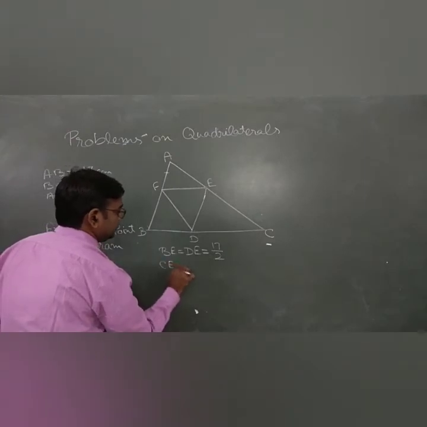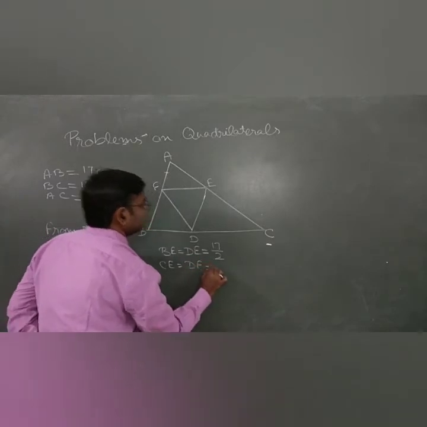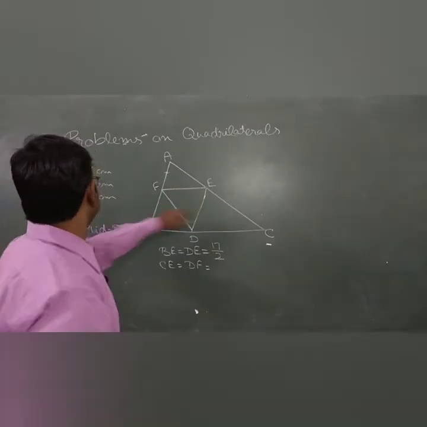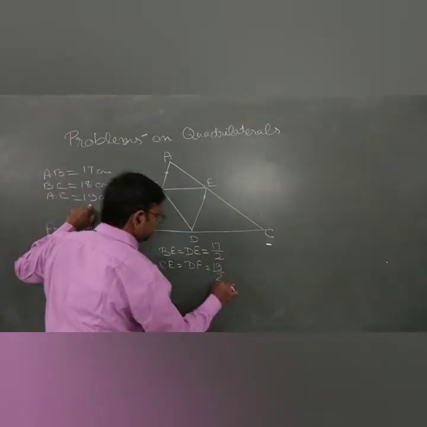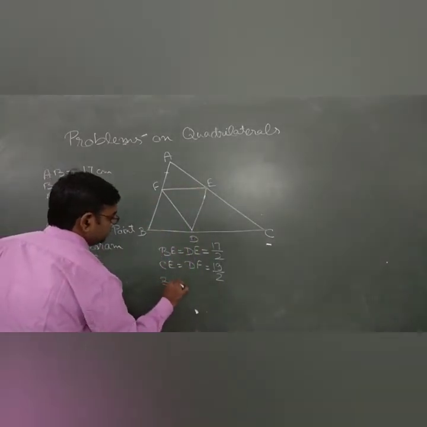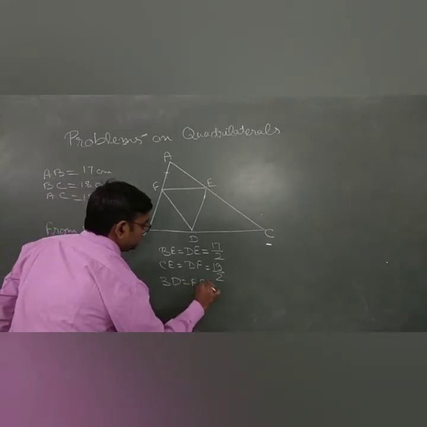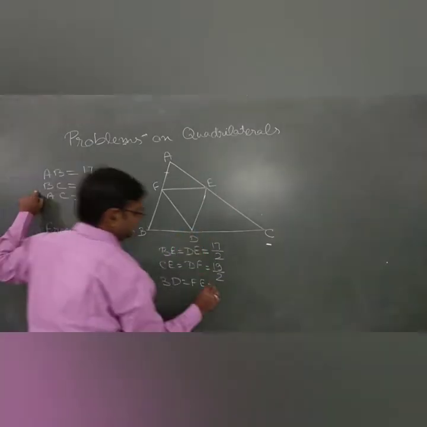CE equals DF, and this DF equals half of AC. AC is 19, so 19 upon 2. Then BD equals FE, and this BC is 18, so half is 9.